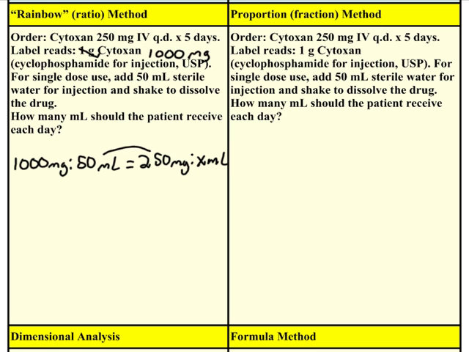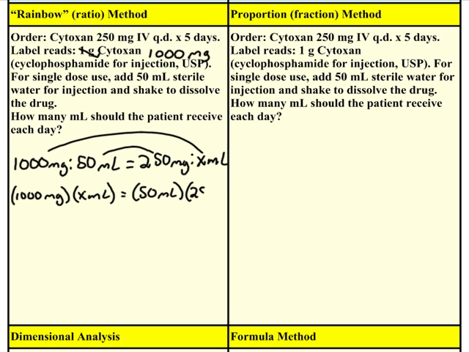We then can multiply our means and our extremes. 1,000 milligrams times x mL equals 50 milliliters times 250 milligrams. To get x by itself, we have to divide both sides by 1,000 milligrams.